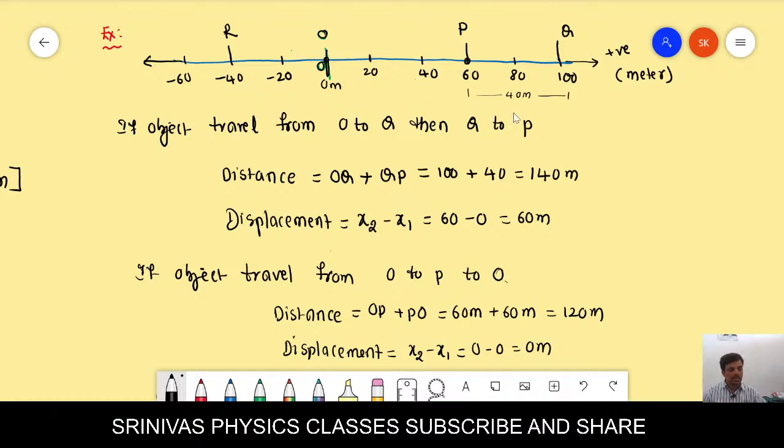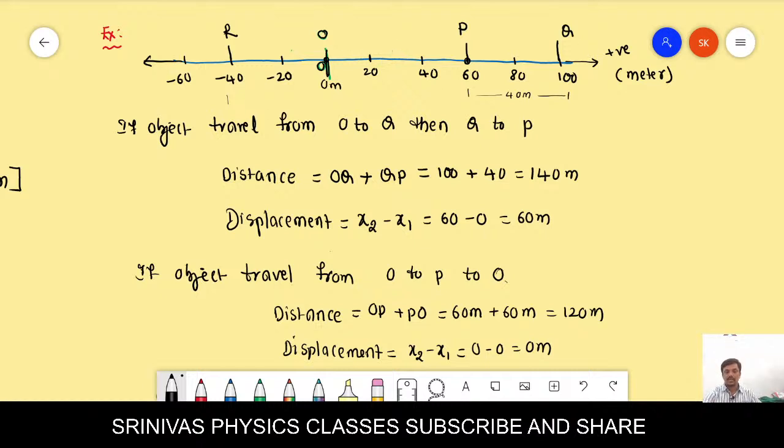Write in the chat box. O to P 60 meters. P to R how much distance? I want the distance, which means the total length. O to P 60 meters. This length is 40, total 100. Right? Then what is the answer?